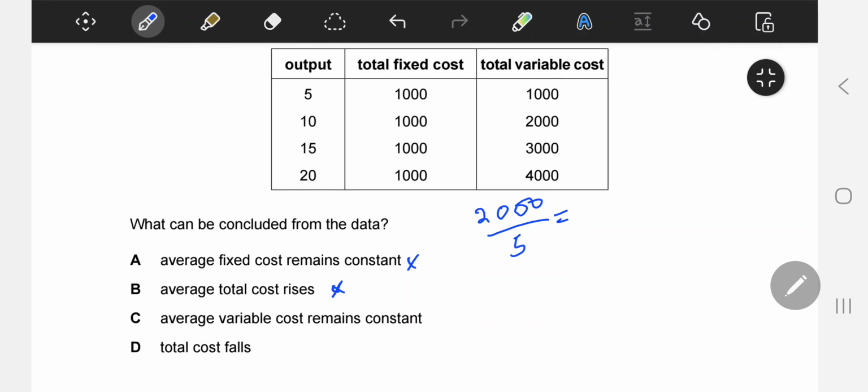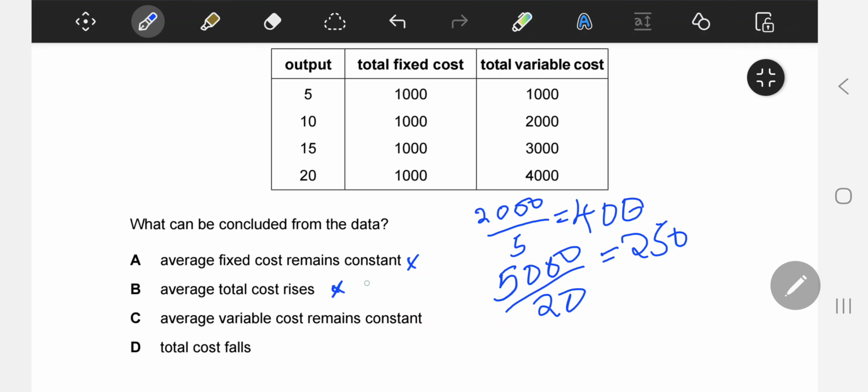I'm just going to get a calculator here to avoid any mistake. It's 400. And then let's try 5,000 divided by 20. That's 250. So as you can see, the average total cost is decreasing, so this one is not true.